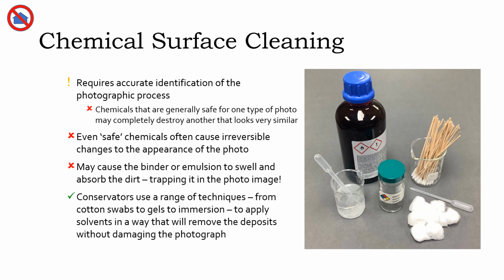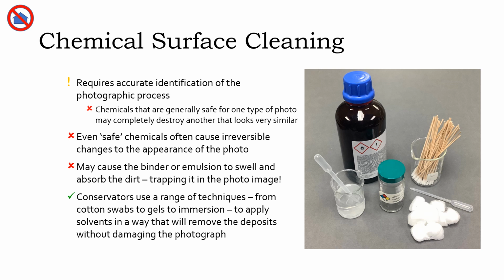When conservators decide that the risks are manageable and preferable to not using chemical cleaning methods, they have several choices as to how they do this. One of the most commonly used techniques is to use cotton swabs, dampened with the appropriate solvent, to clean specific areas of the photograph. This uses limited amounts of solvent in limited areas, which limits the risks.